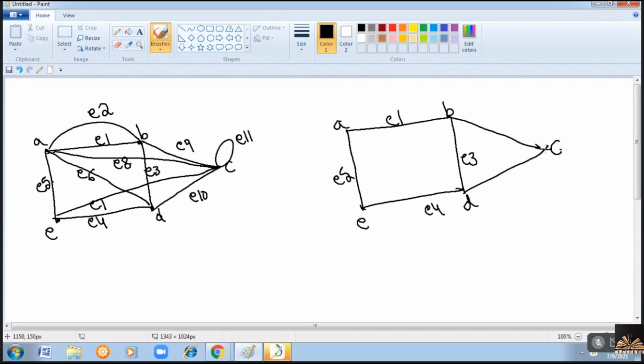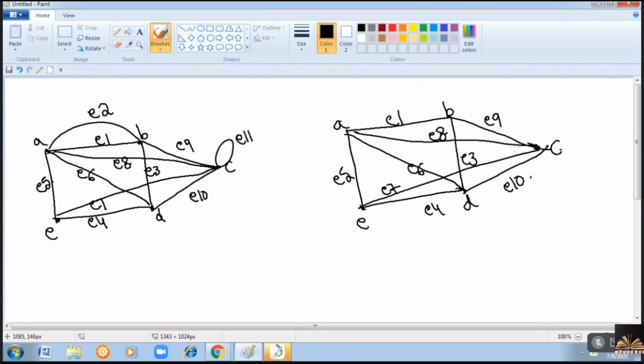I'll eliminate the self loop also. Right now, this is the graph.